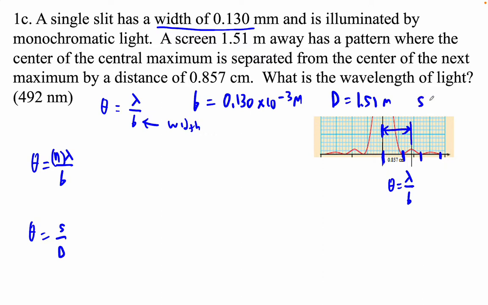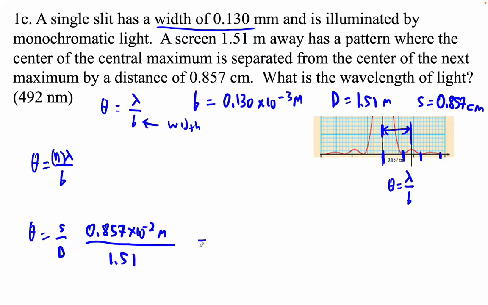So the distance on the screen is 0.857 centimeters. One expression of the angle is 0.857 times 10 to the minus 2, that's centimeters converted to meters, divided by 1.51.